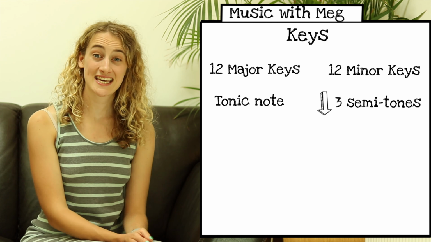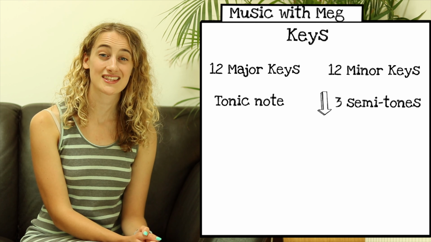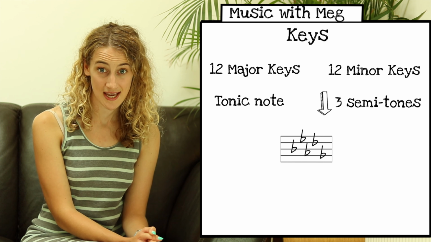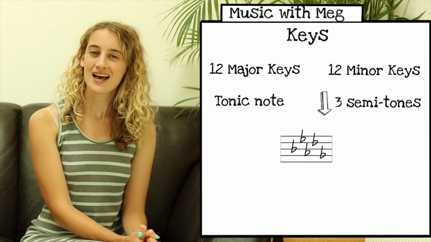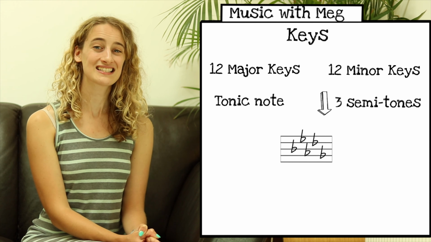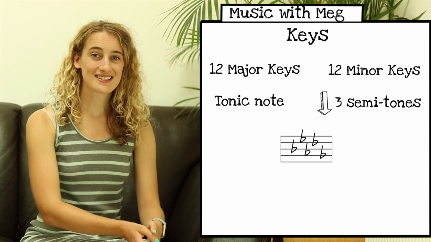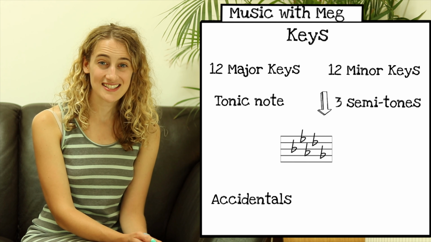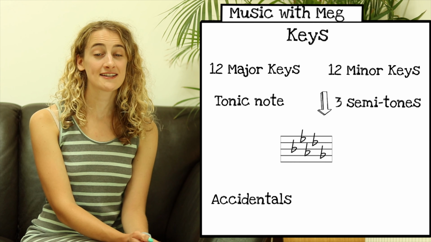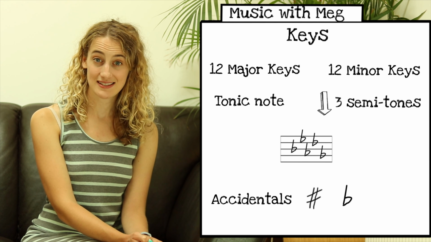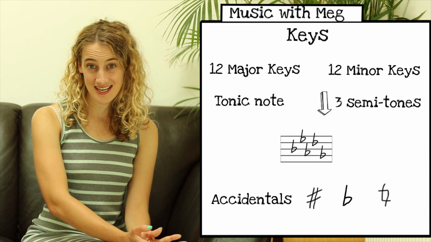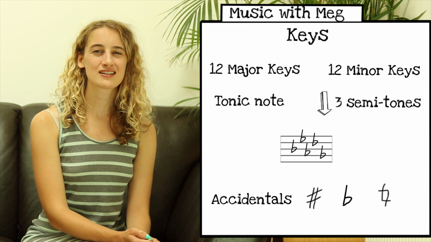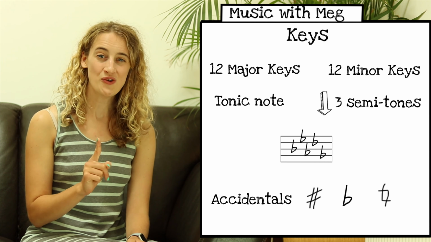We've learnt that key signatures are written at the start of a piece of music, and that they tell us which notes to play as sharps and which notes to play as flats. And we've learnt that accidentals are notes written as sharps, flats, or naturals that don't belong within the key signature, and they last for 1 bar only.